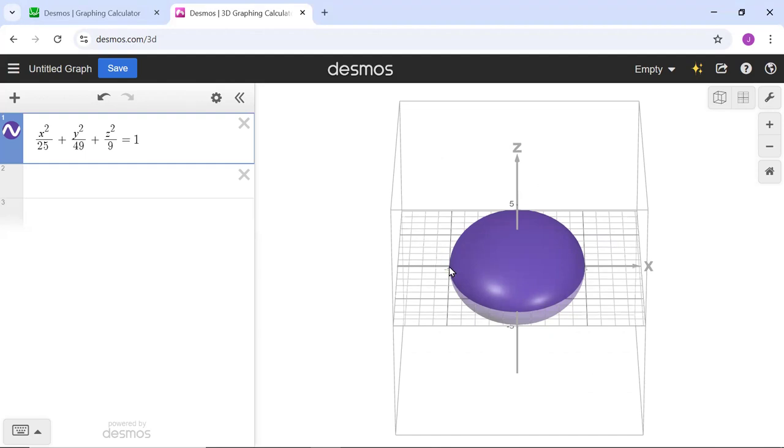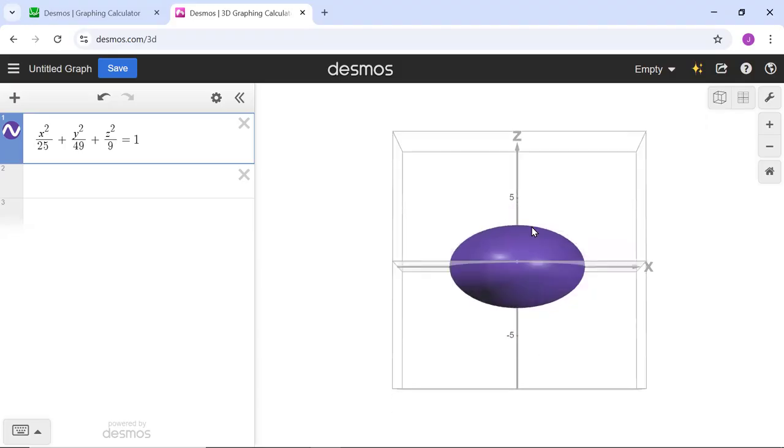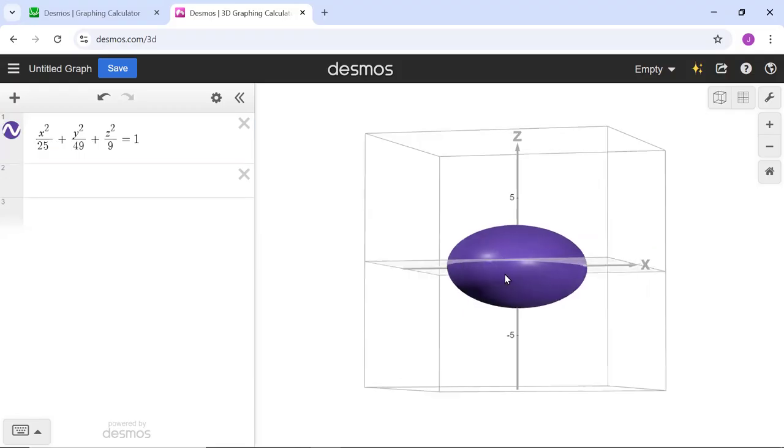So by the time one side hits the other side, I've gone pi radians.